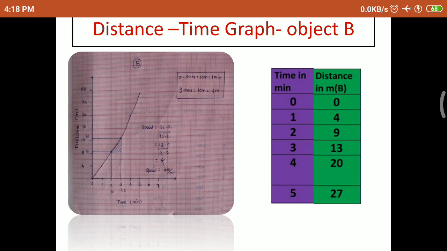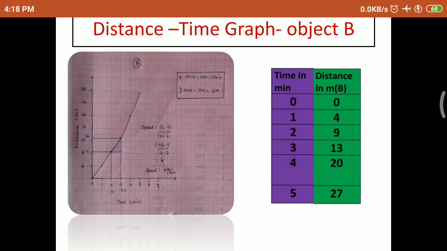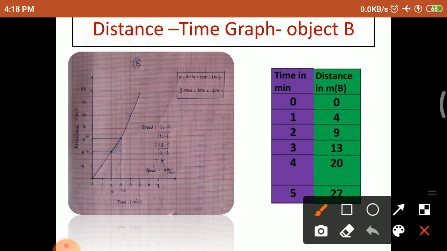Then the value of time is 0 to 5, so I chose the values 0 to 5. The distance minimum value is 0 and maximum value is 27. So here I took 4, 8, 12, 16, 20, 24 and 28.